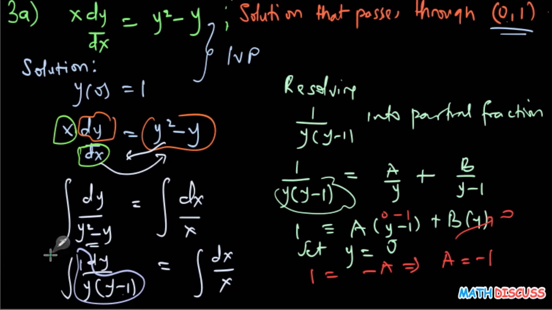And then for the next one, if you set y equals 1, that is this y here, this one goes to 0, leaving this, so this is going to be B times 1, which is B equals 1. So setting y equals 1 gives B equals 1.